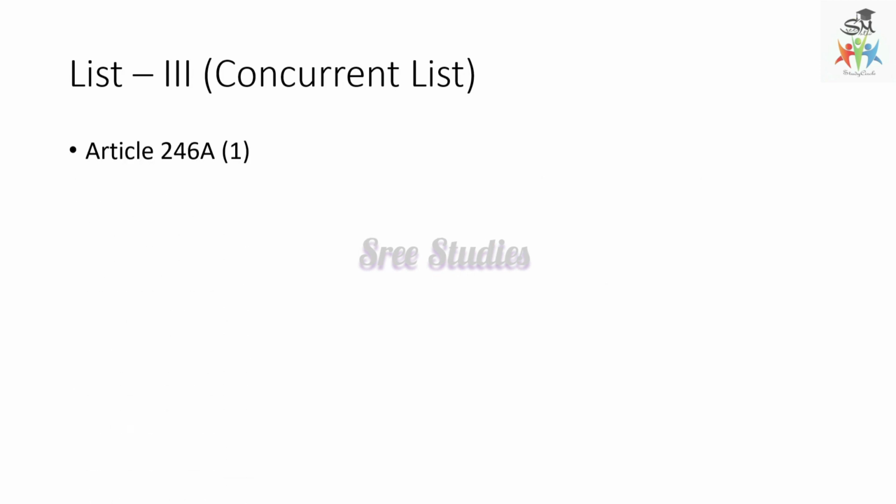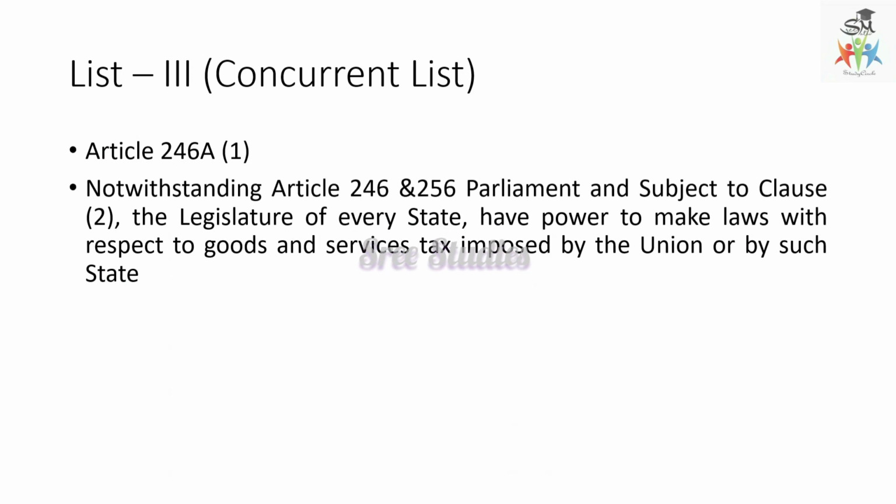What is 246A(1)? Notwithstanding anything in Articles 246 and 254, the Parliament, subject to clause 2, and the legislature of every state have the power to make laws in respect of goods and services tax imposed by the union or by the state.